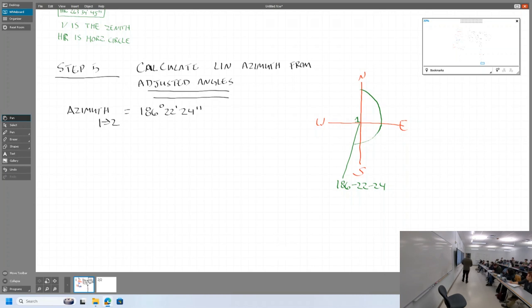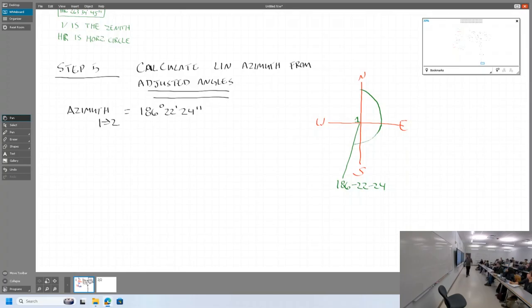I'm going to do it a little bit differently because when I wrote these notes, I went off on my own tangent and didn't reflect the previous notes, but we'll get to the same spot. When we picked up where we sat here, we got 186, 22, 24. Now we're sitting on 2 and backsighting 1. Is that the same azimuth? What's it going to be? 1 minus 180.